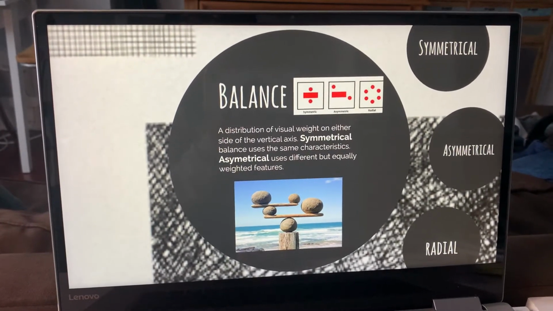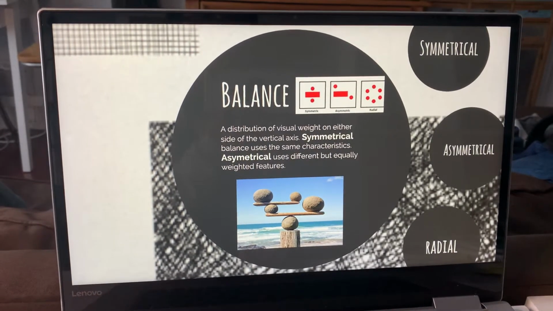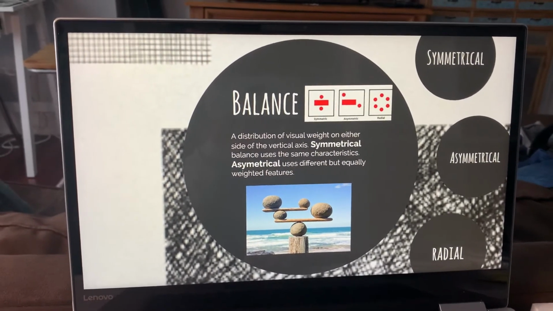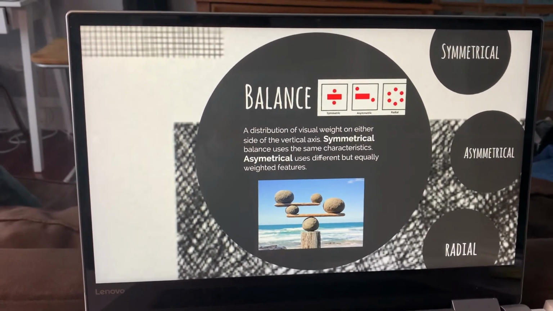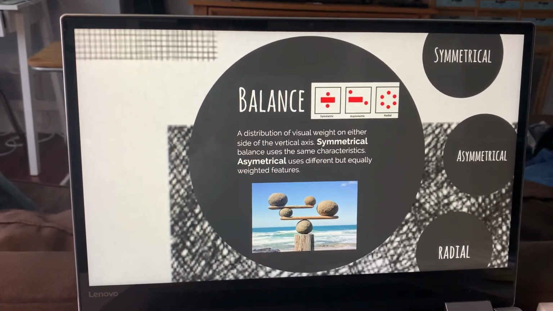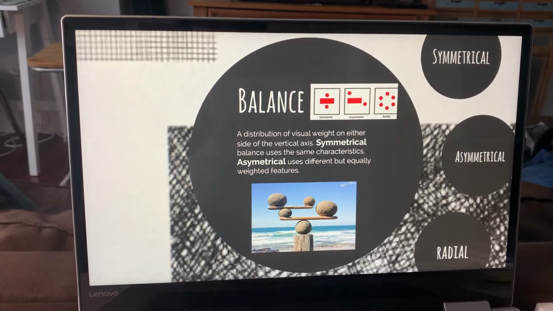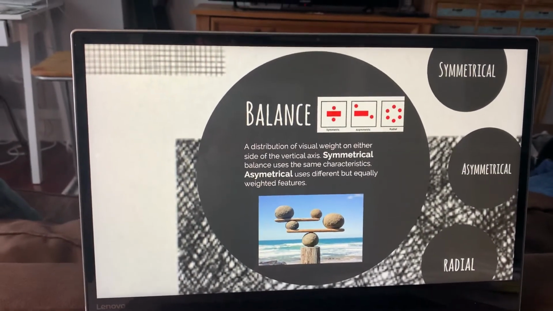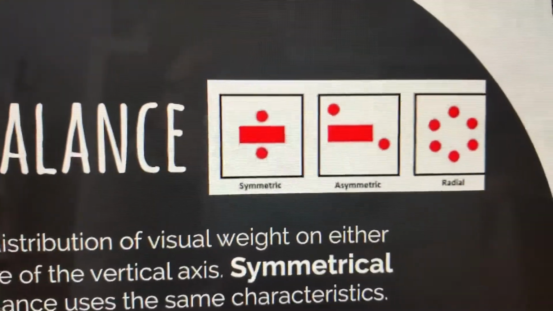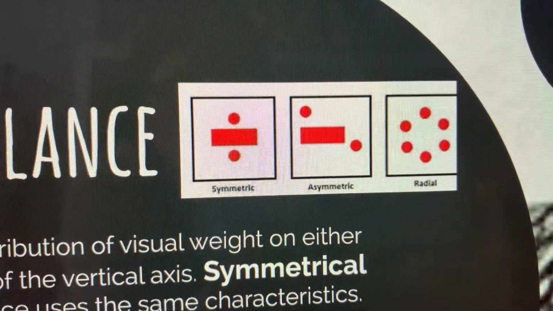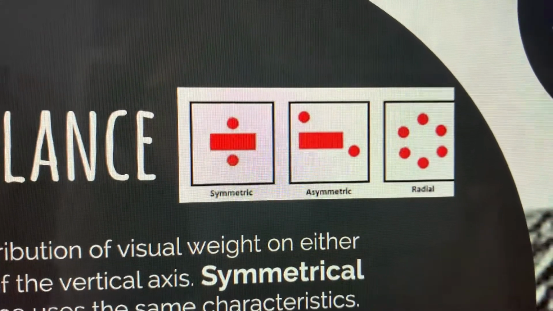Balance is the distribution of visual weight on either side of the vertical axis. Symmetrical balance uses the same characteristics. Asymmetrical uses different but equally weighted features. You can see the 3 types of balance here: 1 is symmetrical, 2 is asymmetrical, and 3 is radial.